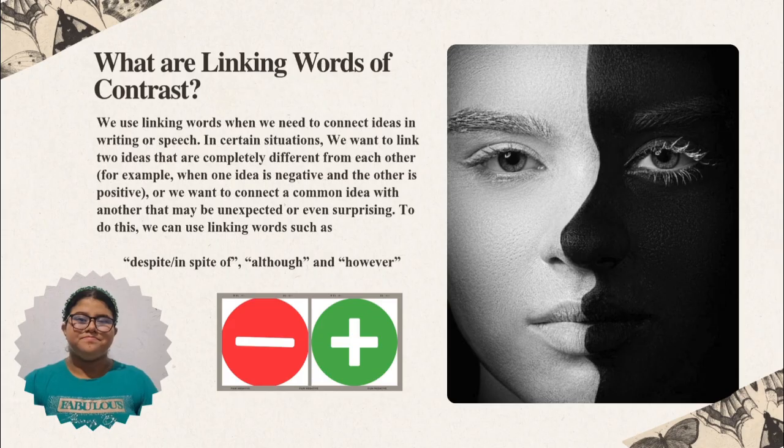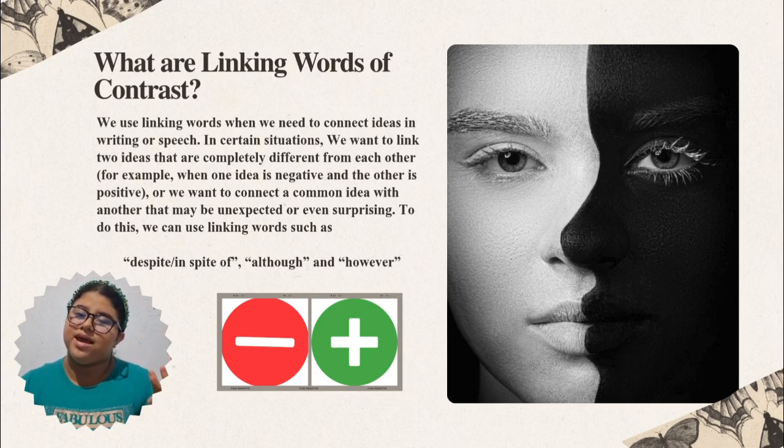Let's continue. To begin, let's answer the question: what are linking words of contrast? We use linking words when we need to connect ideas in writing or speech. In certain situations, we want to link two ideas that are completely different from each other, for example, when one idea is negative and the other is positive.